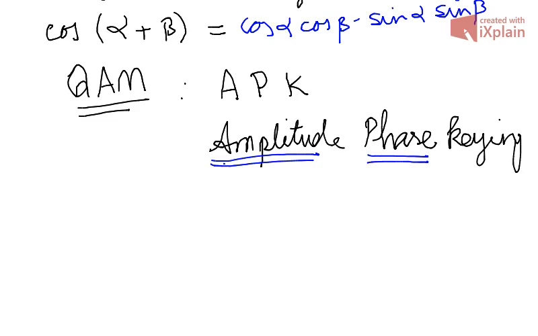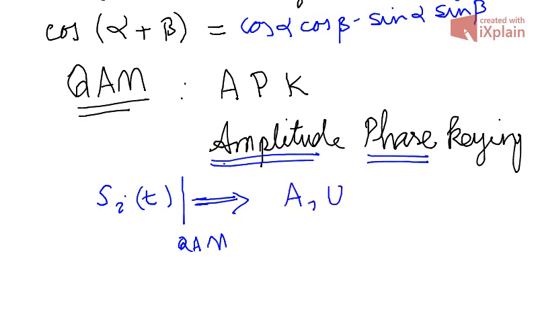So we will see that each QAM modulated signal is identified by a pair of amplitude A_i and an angle theta_i. Each QAM symbol will have a unique pair.